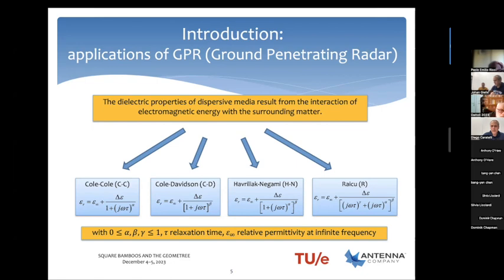Obviously, another observation one can make is that all these models rely on fractional expressions, dependent on the coefficients alpha, beta, and gamma that are all between 0 and 1.